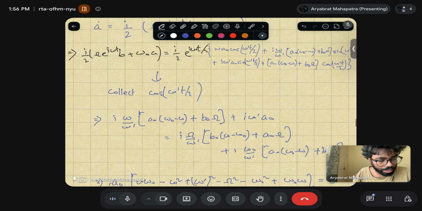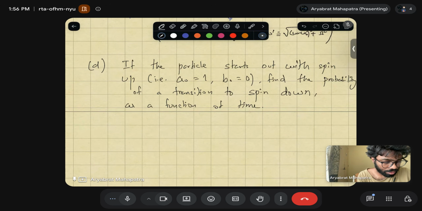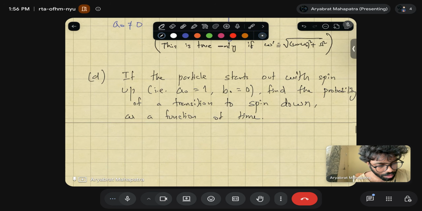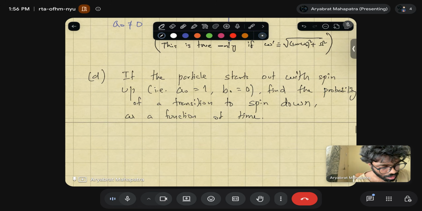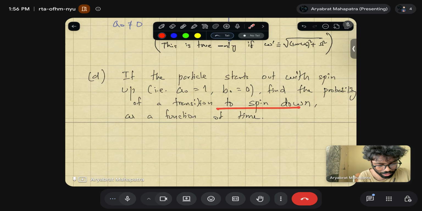Okay, if it's fine, then we can quickly see the other one. The next we have is, if the particle starts out with spin up, then a0 is 1 and b0 is given to be 0. Find the probability of transition to spin down as a function of time.